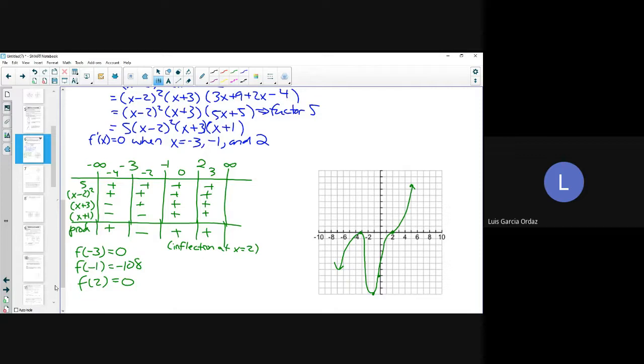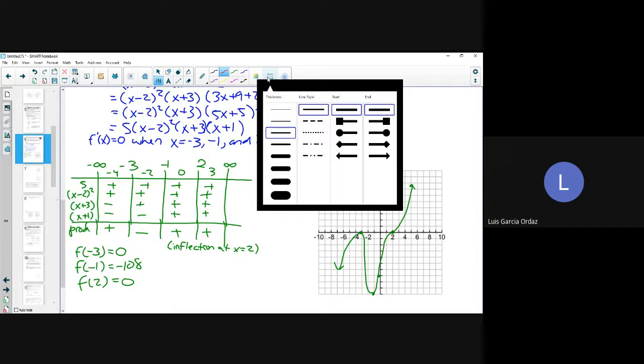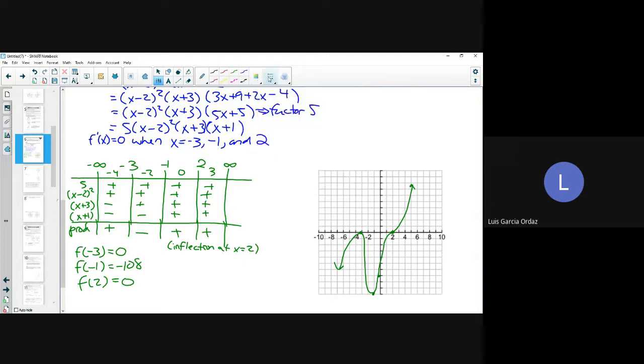So I'm just going to show it to you guys in terms of the slope. My red line is going to be my slope of the tangent. So the slope of the tangent is increasing from -infinity to -3. From -3 to -1, my slope of the tangent is going to be increasing.